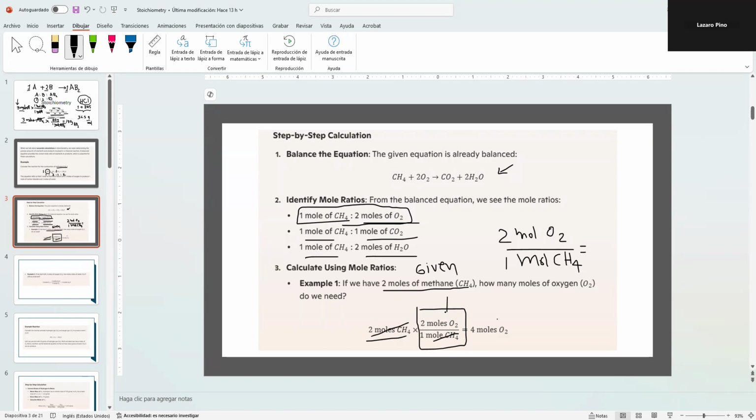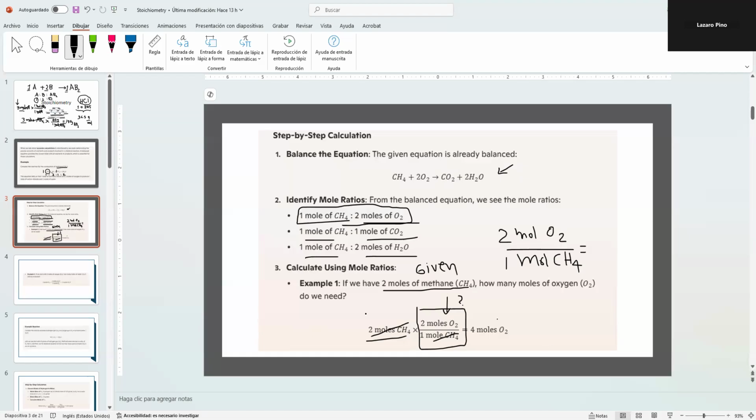And in the upper part, you have what you are asked for, the question. So you multiply 2 times 2 divided by 1, and it gave you 4 moles of dioxin, because you cancel mole of methane with mole of methane.